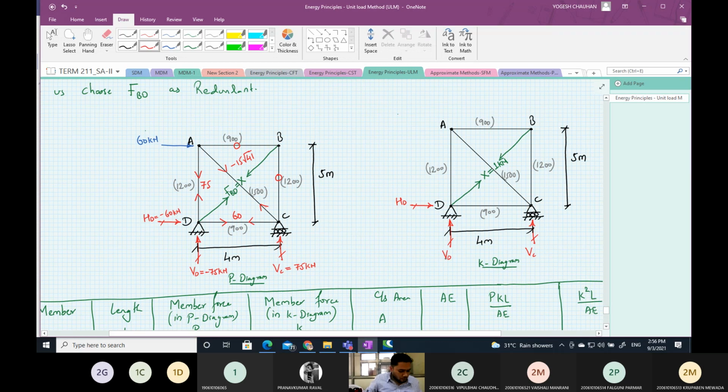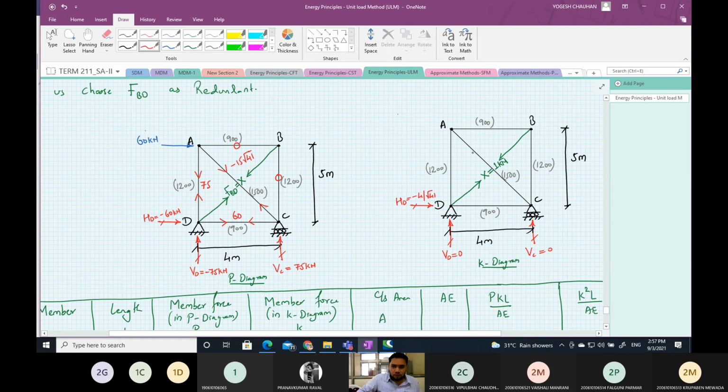Same way for K diagram, this will be 0, this will be 0, this will be equal to minus 4 by root 41.